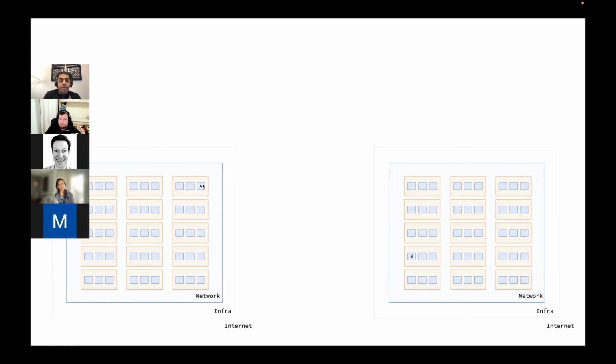And our goal is to enable secure communication between A in one private network and B in a different private network. The traditional approach looks like this, right?